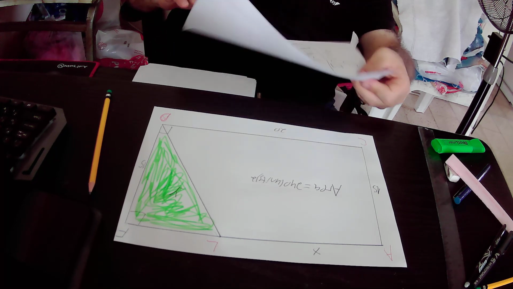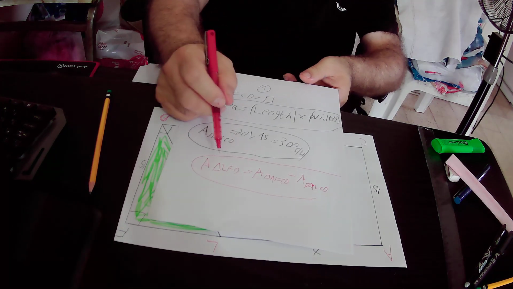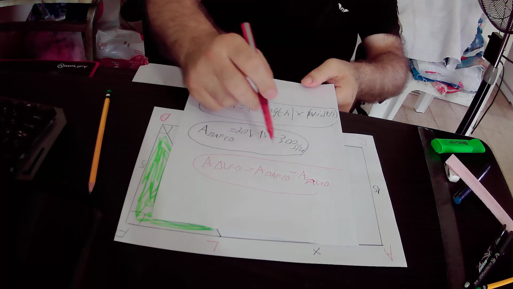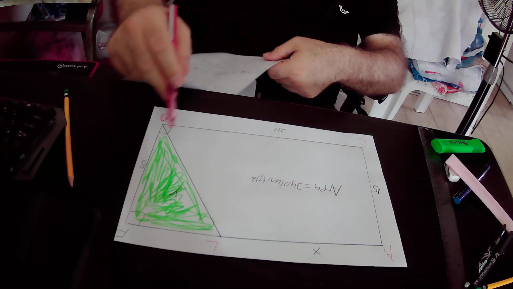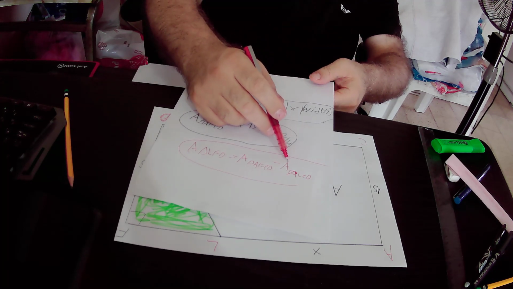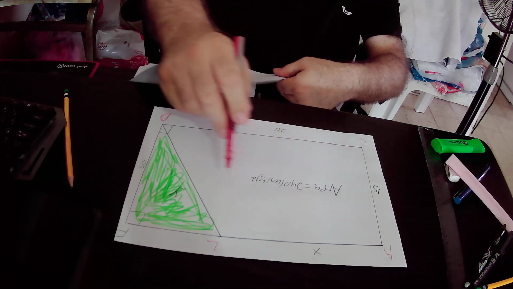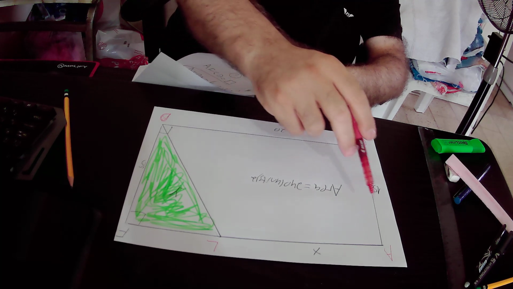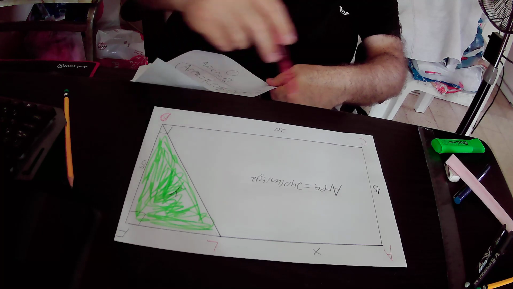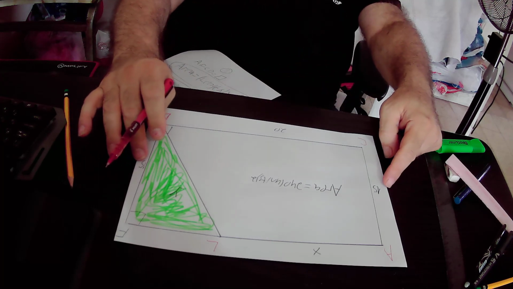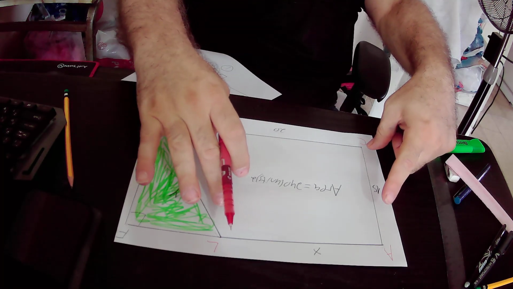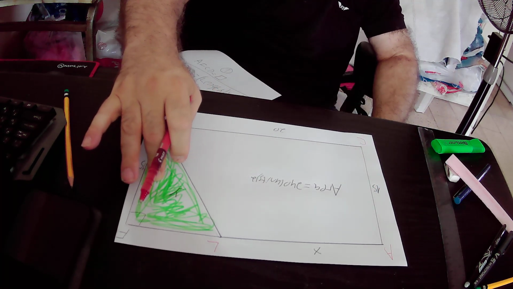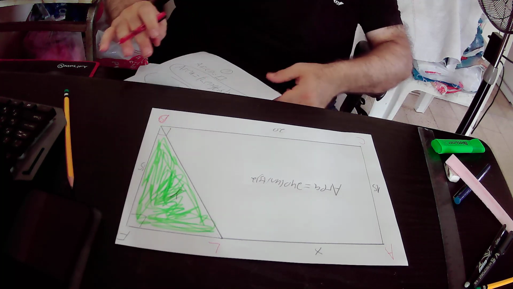Again, the area of the green right triangle LFD equals the area of the rectangle minus the area of the shape that is given to us, ALCD.